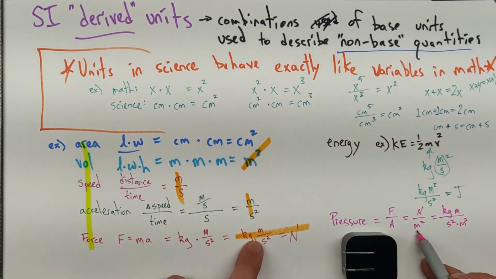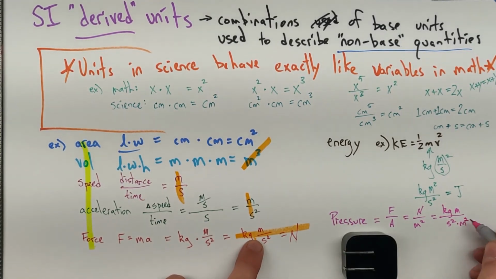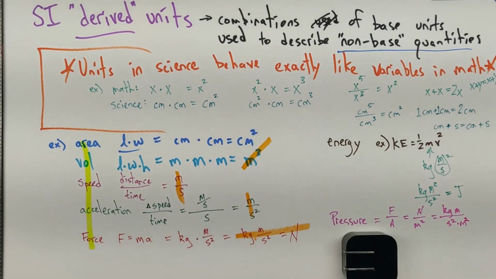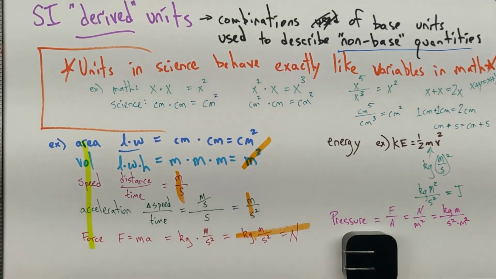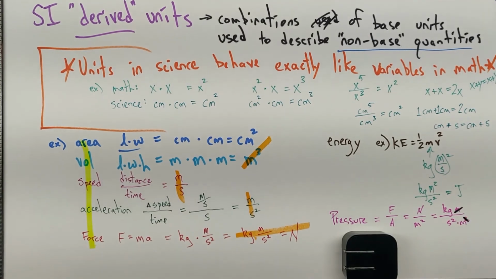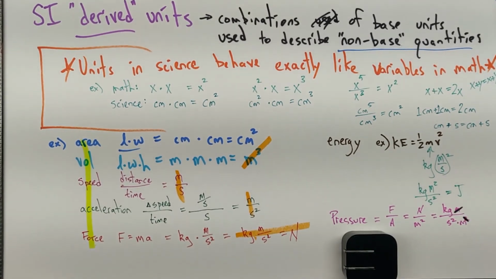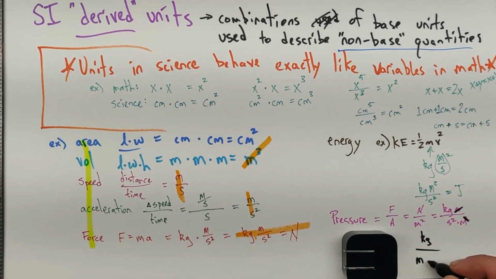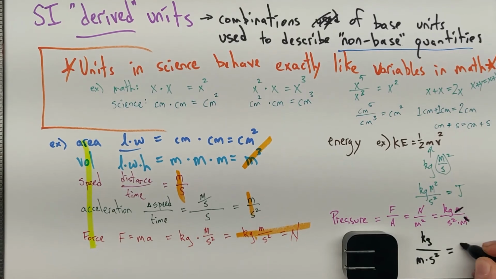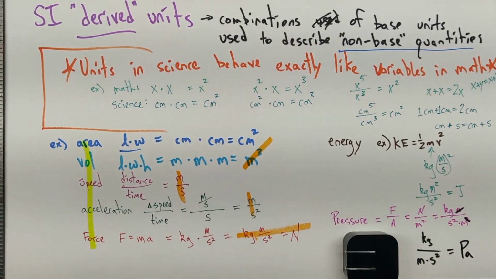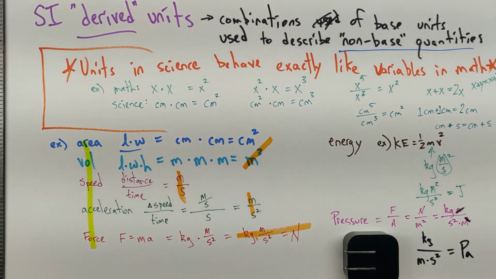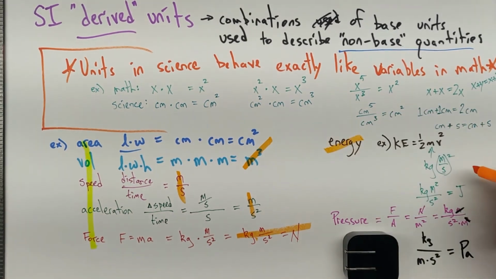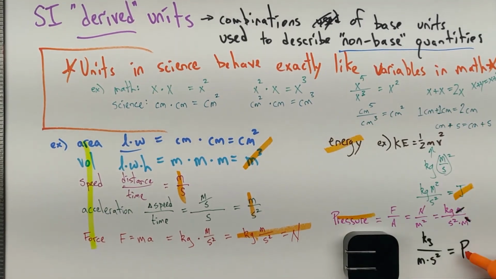So we can simplify that a little bit, and that meter cancels out one of those, and you end up with a kilogram per meter second squared, which is what we call a Pascal. So that is the SI unit for pressure, the Pascal. And that is how the derived units work, and we're going to get some mileage out of them working backwards. And let me just say, energy is joules, pressure is pascals.